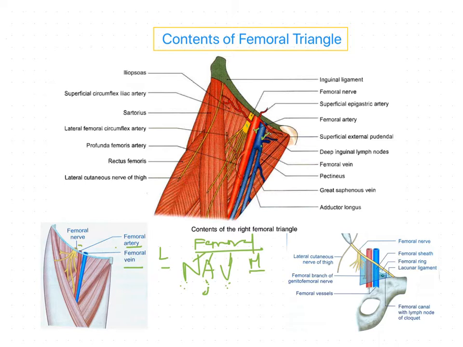Especially a femoral sheath is present. Here you can find the femoral sheath in this picture. The femoral sheath mainly encloses only the upper 4 centimeters of the femoral vessels. The femoral vessels include only vein and artery.